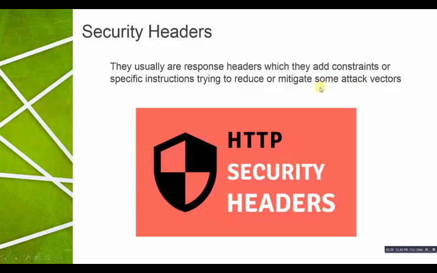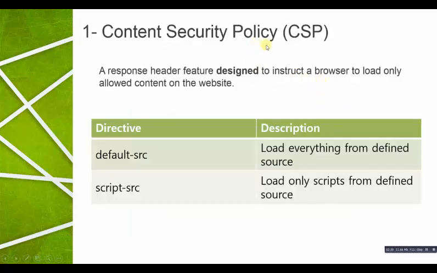The first security header is CSP. It's considered the most important one because it has a lot of directives, a lot of options, but it needs a lot of experience to use it more efficiently.